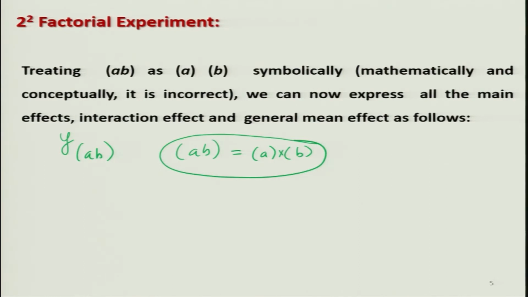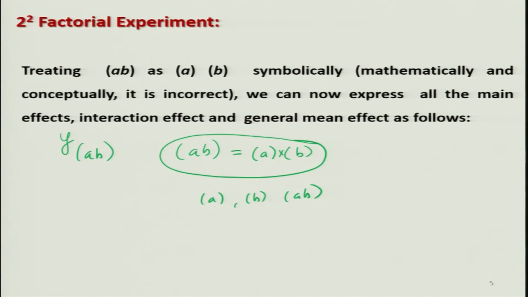But we agree that we understand the meaning of A, this B, and this AB. They are different, but still we will try to do it. And you will see that this will make our lives very simple and this factorial experiment very easy to understand.